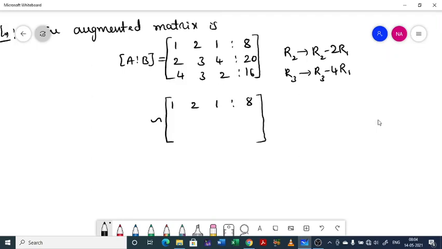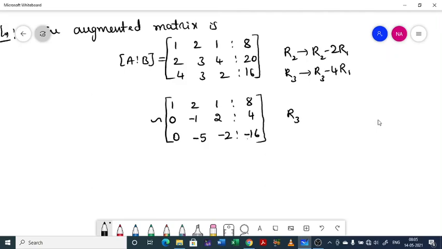R2 minus 2R1: 2 minus 2, 0; 3 minus 4, minus 1; 4 minus 2, that will be 2; 20 minus 16 will get 4. R3 minus 4R1: 4 minus 4, 0; 3 minus 8, minus 5; 2 minus 4, minus 2; 16 minus 32, minus 16.